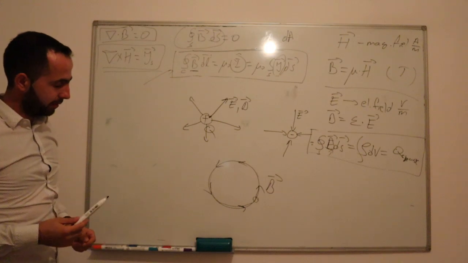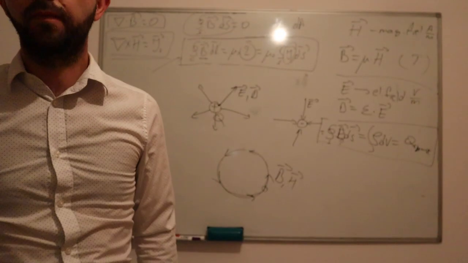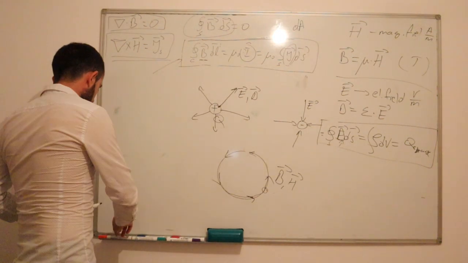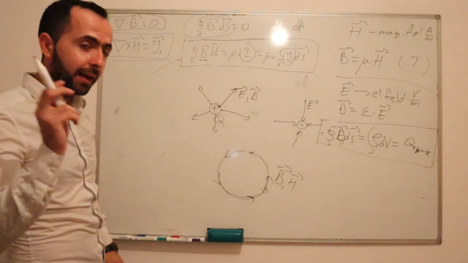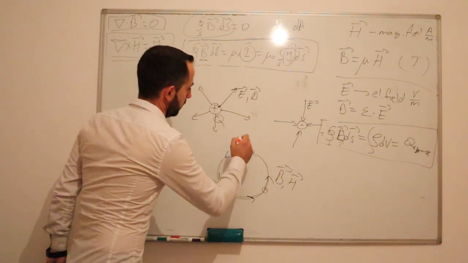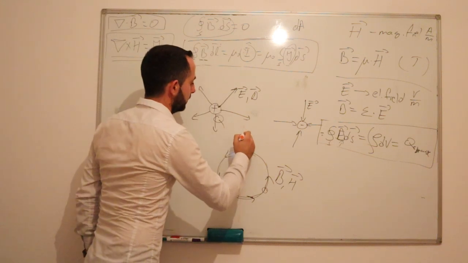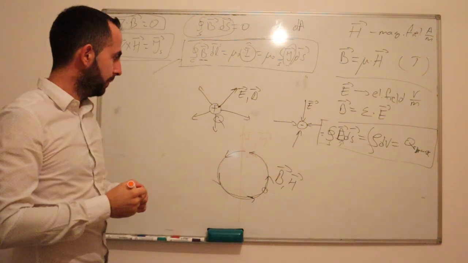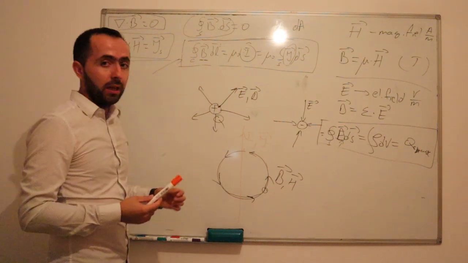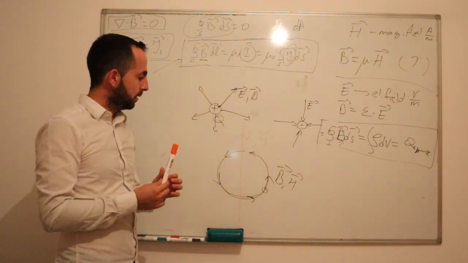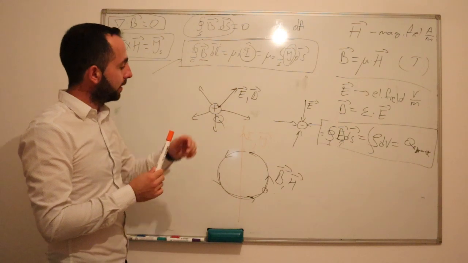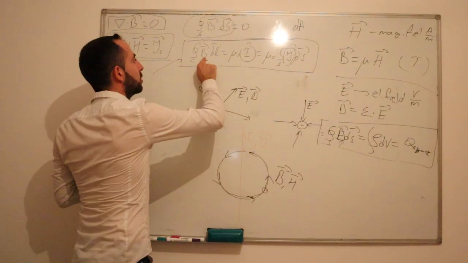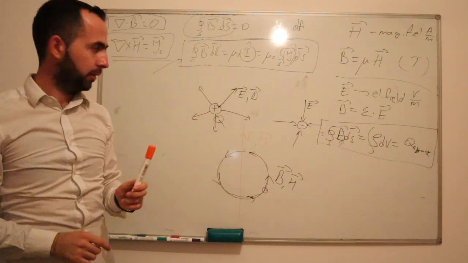So, if I have a conductor with a current I or current density J, every time, this current, current flux density, will create a magnetic field.